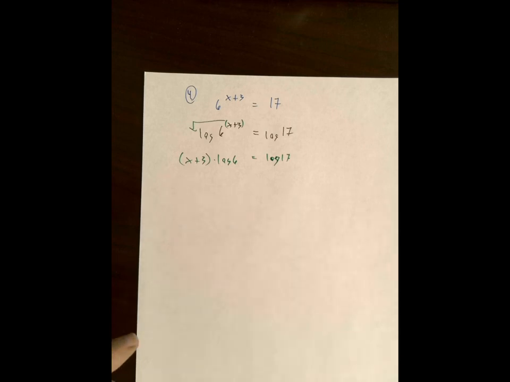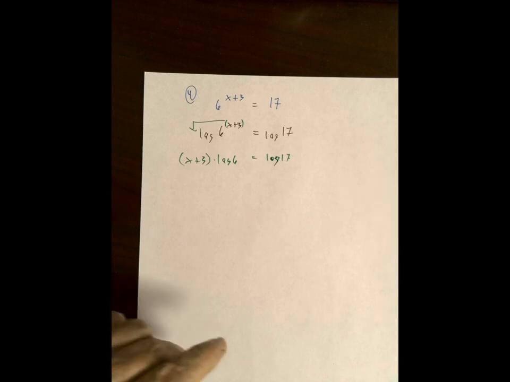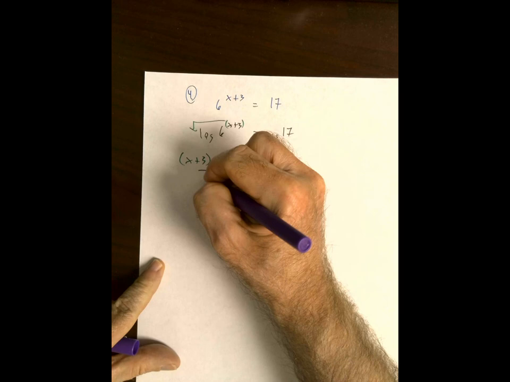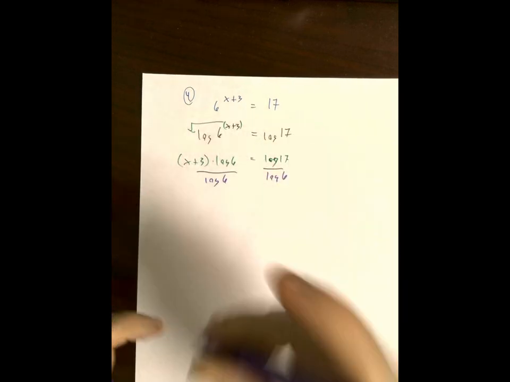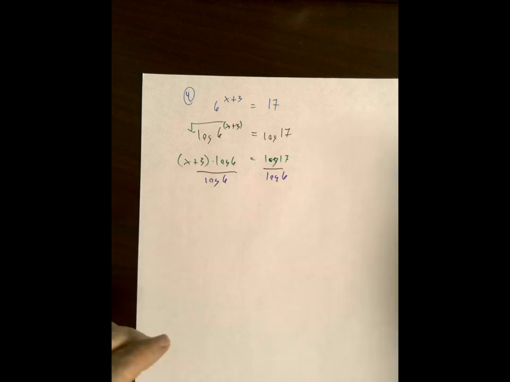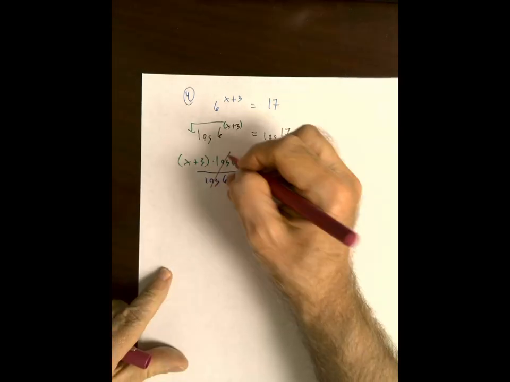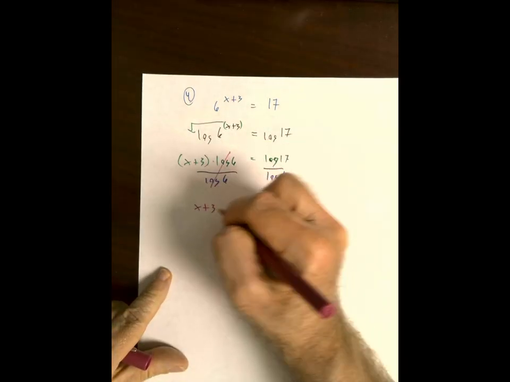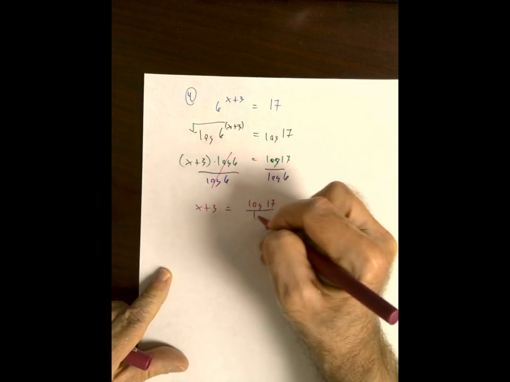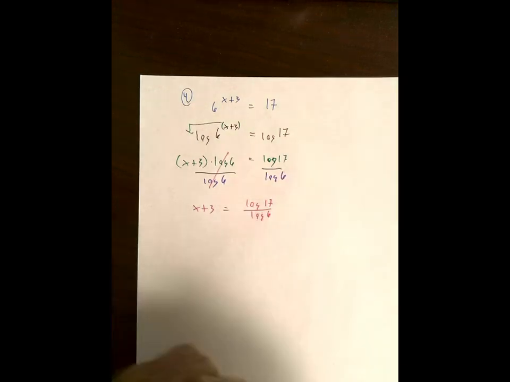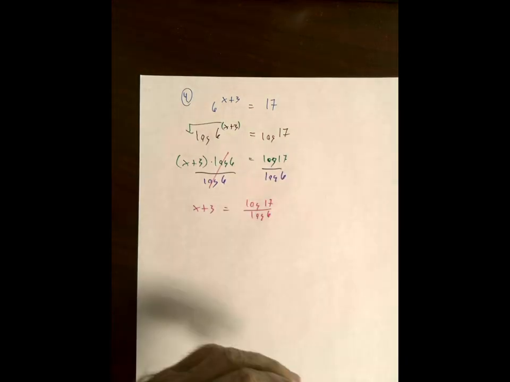And that's going to cancel, obviously. And we get x plus 3 is equal to log 17 divided by log 6. And then last step, we're going to subtract 3 from both sides.